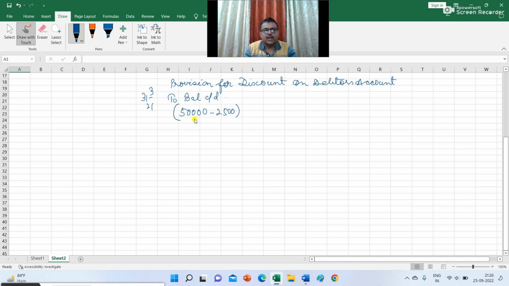So 2,500 is the amount of provision for doubtful debt which will be reduced from the debtor balance. So 50,000 minus 2,500 into 3%. So this balance is 1,425. And on 31st March 21, this amount will be transferred or debited to PL account.